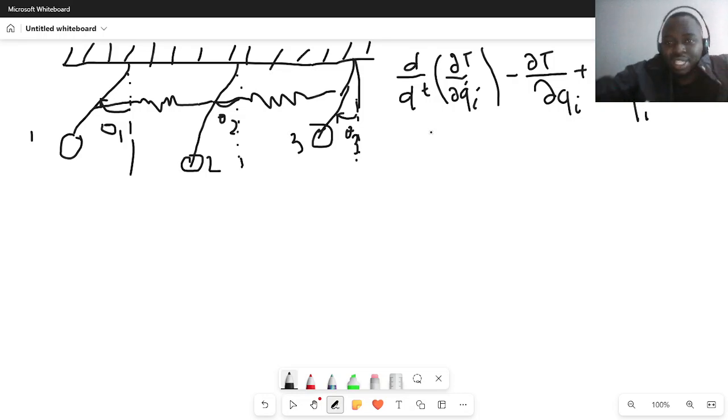But how is it done? So far you can see by the formula, it's all about kinetic and potential. So first thing to do, you determine your kinetic and potential energy in the system that is given to you.